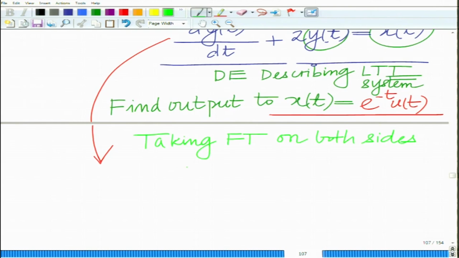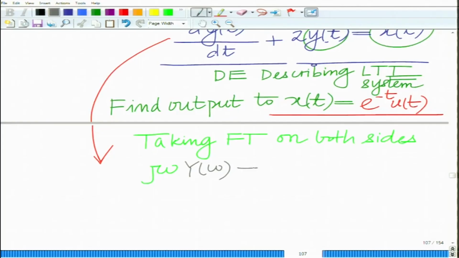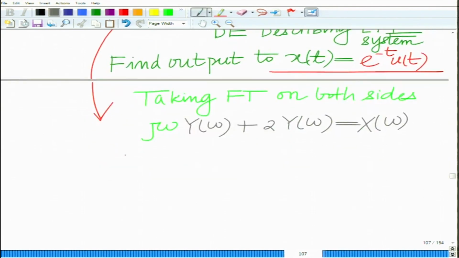is j omega Y(omega), because the Fourier transform of the derivative dy(t)/dt is j omega times Y(omega). Okay. j omega Y(omega) plus 2 Y(omega), where Y(omega) is the Fourier transform of y(t), equals X(omega), which is the Fourier transform of the input x(t).